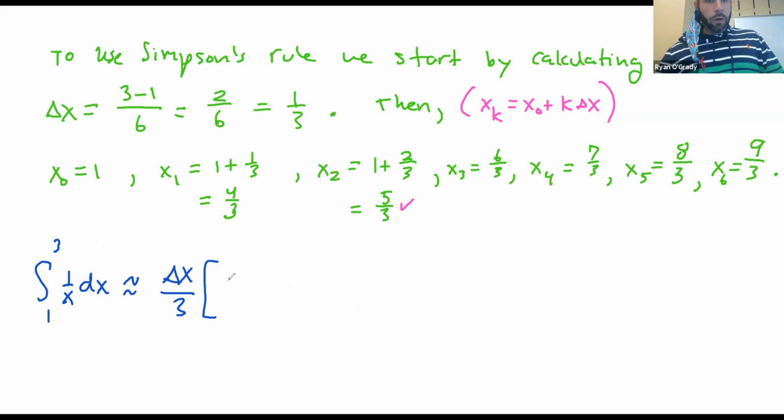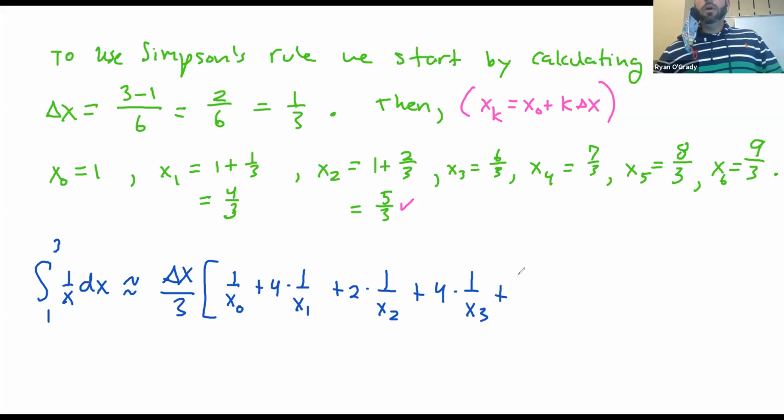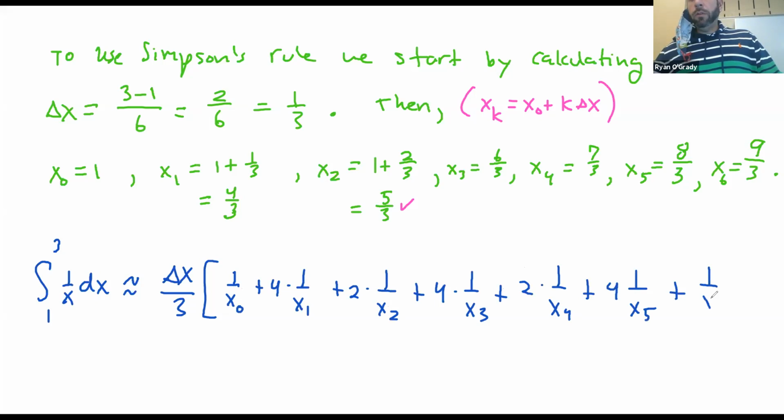This would be 1 over x sub 0 plus 4 times 1 over x sub 1 plus 2 times 1 over x sub 2 plus 4 times 1 over x sub 3 plus 2 times 1 over x sub 4 plus 4 times 1 over x sub 5, and then the last one would be 1 over x sub 6. So notice that there's a 4 and a 2 in front of everything except the first and last.